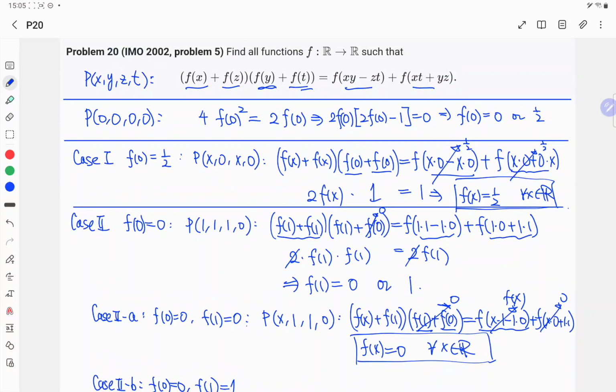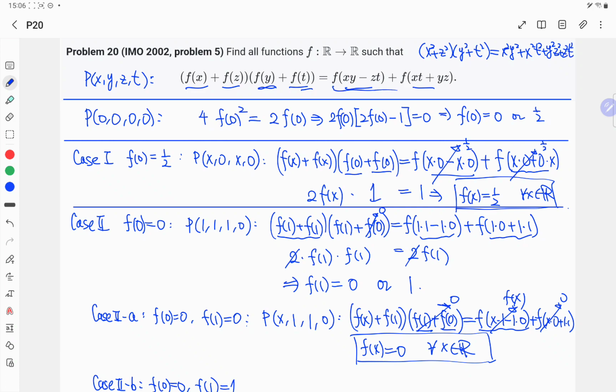And then finally, f of x equals x squared. So on the left side is actually x squared plus z squared, and then times y squared plus t squared. So expanded out, we can have x squared y squared plus x squared t squared, and then plus y squared z squared, and then plus z squared t squared.